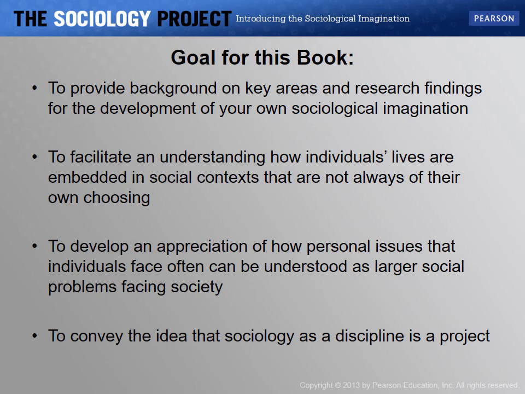To provide background on key areas of research findings for the development of sociological imagination, keep in mind that in modern sociology, the focus is on empirical research, not anecdotal, not observations like Karl Marx made from his ivory tower, but in fact, getting out there and beating the bushes and finding out what the key data is about social processes. It helps us facilitate understanding of how individuals' lives are embedded in social contexts and not always by our own choosing.